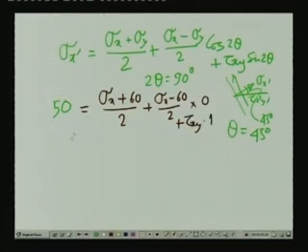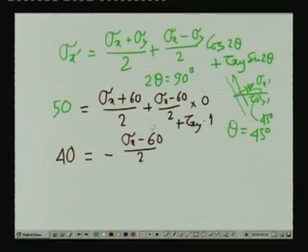The second equation is tau x dashed y dashed, which is 40, equal to minus sigma x minus sigma y by 2 sin 2 theta, which is 1, plus tau xy cos 2 theta, which is equal to 0.